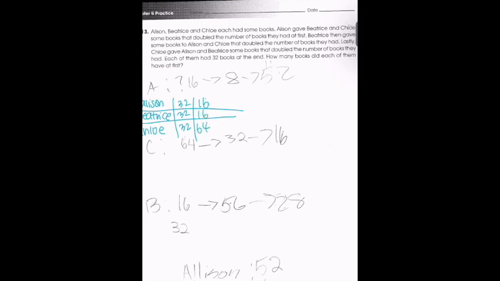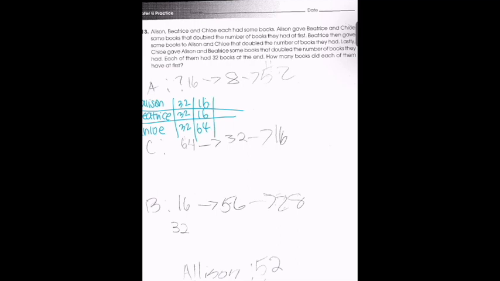Because for Beatrice and Allison, the number doubled for them. To keep the total number of books the same, Chloe must have given that much. And so Chloe must have had 64.